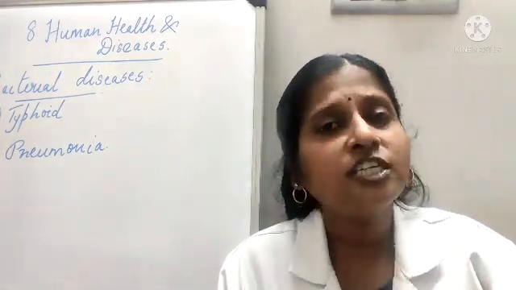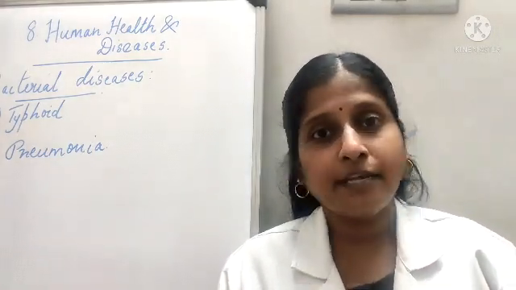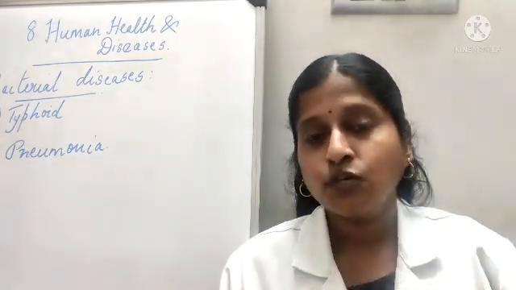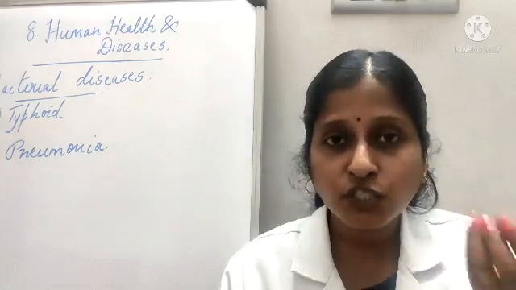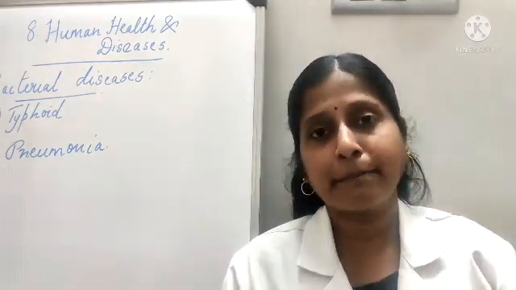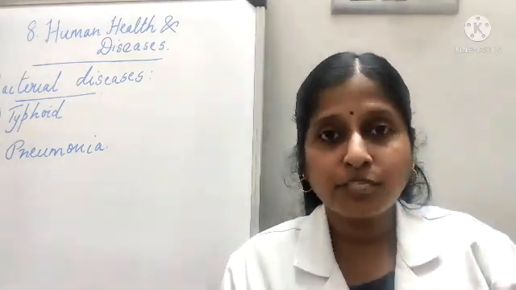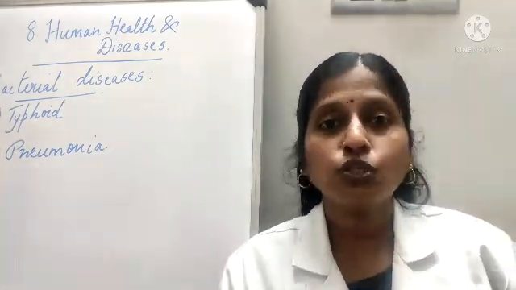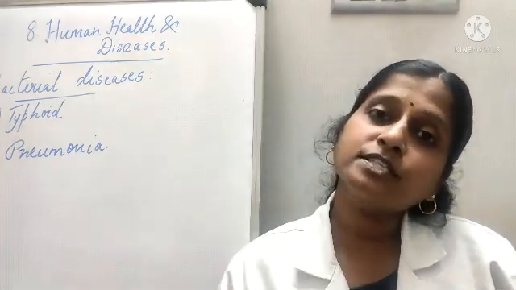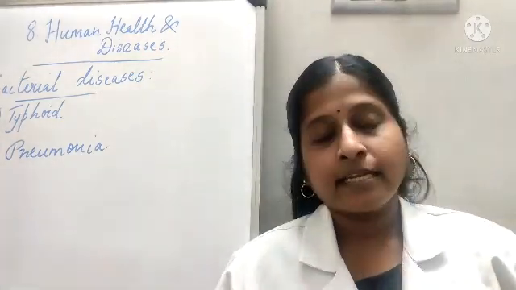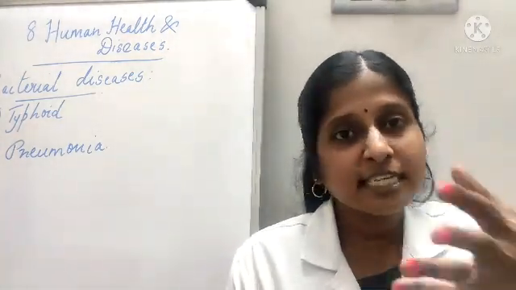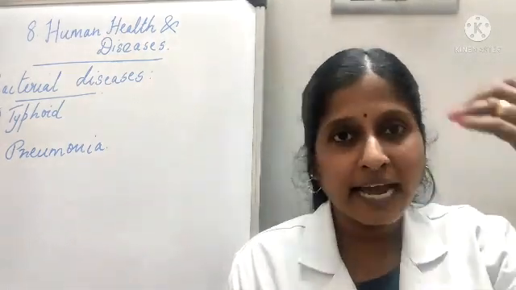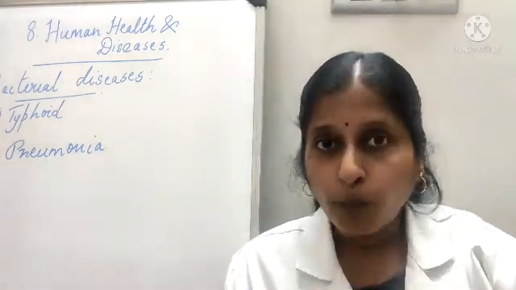Typhoid usually spreads through contaminated water and food. So if the food or the water which we are taking is contaminated with that bacteria, then it can spread through that. It can enter into my body. It usually goes into the intestine, where it attacks first. From the intestine, it gets absorbed by the blood and is transported throughout my body.